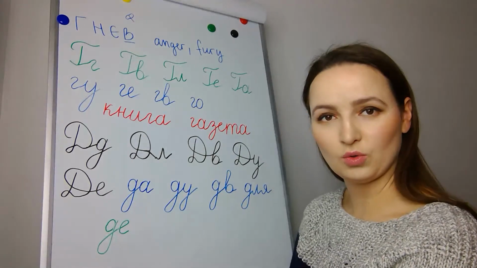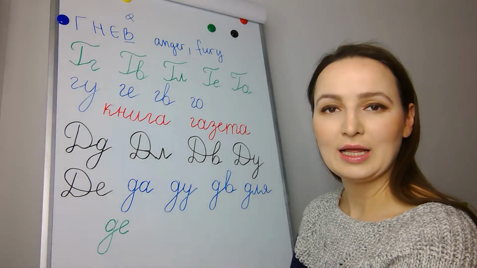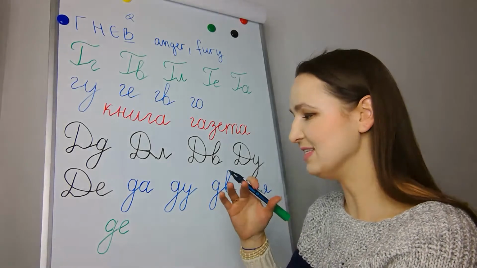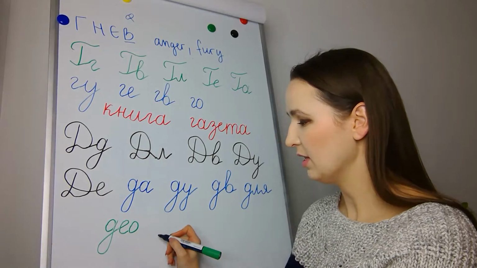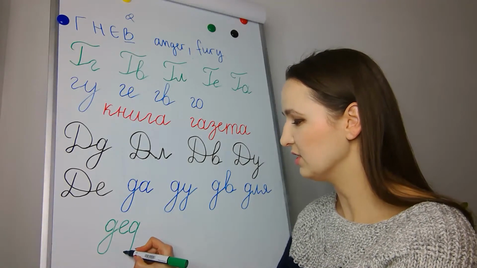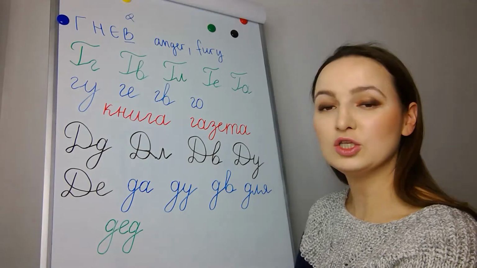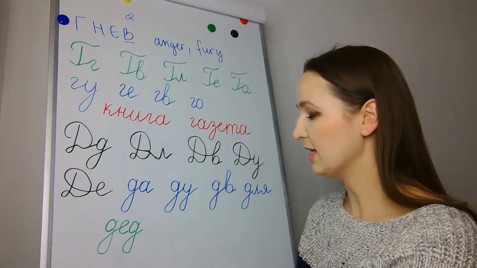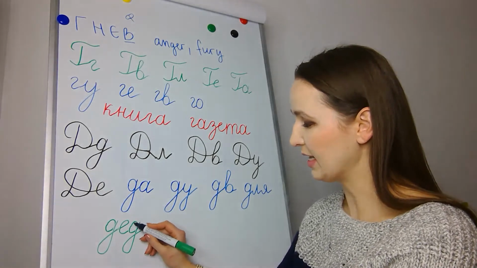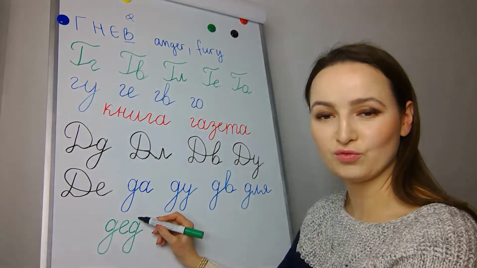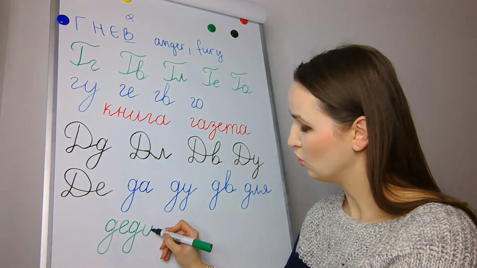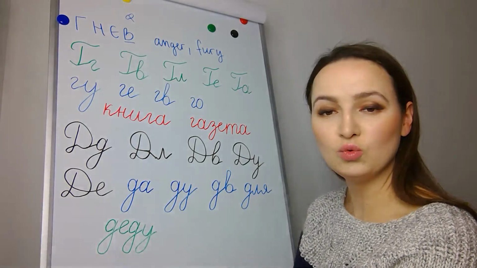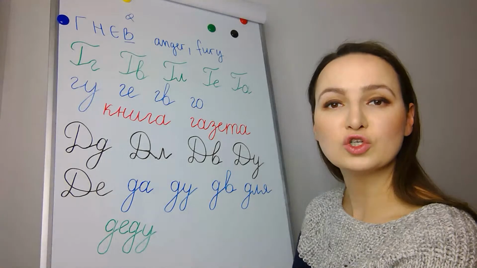Let's write another д, o letter, and add a leg. Дед, u letter after it. It looks like this, but without a roof. Деду.